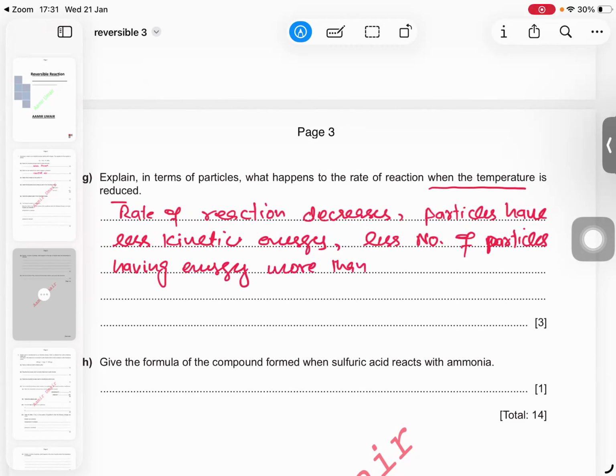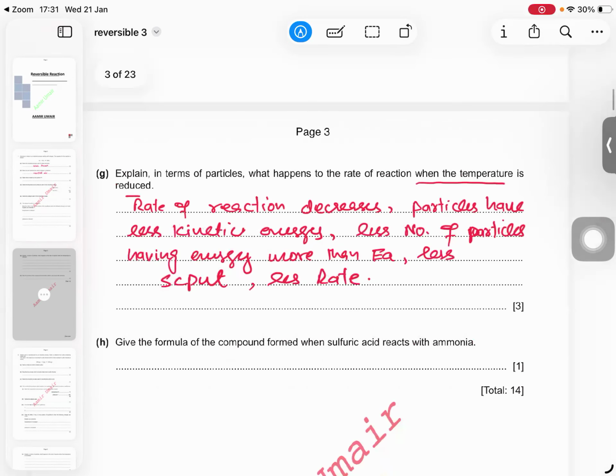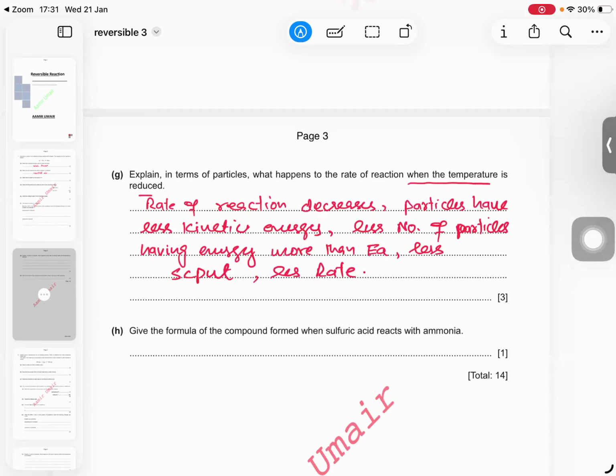And finally, less successful collisions per unit time, SCPUT, less rate of reaction, less ROR. So these are the 3 points which you have to explain.